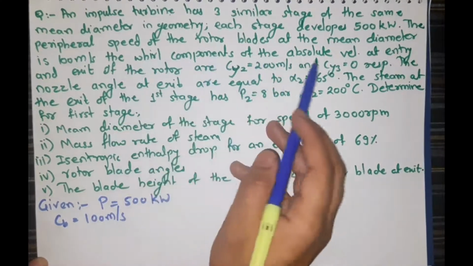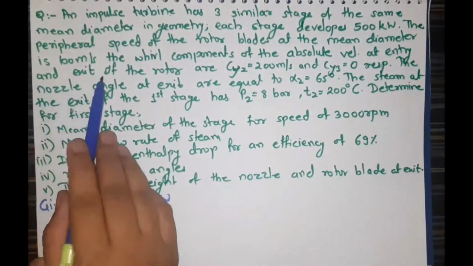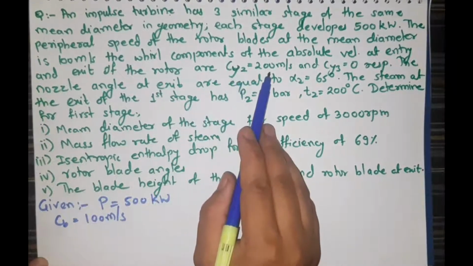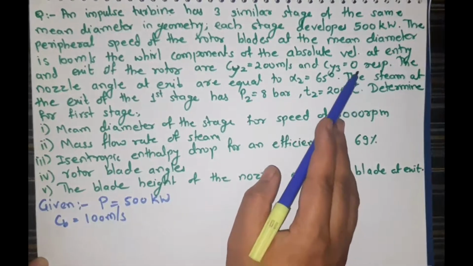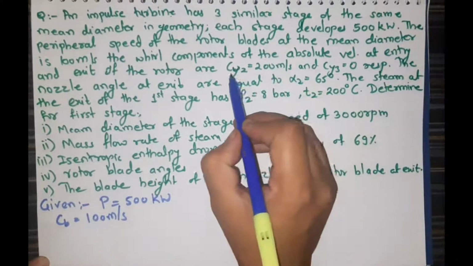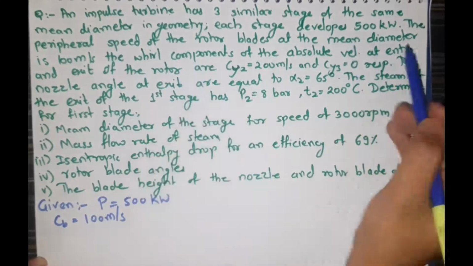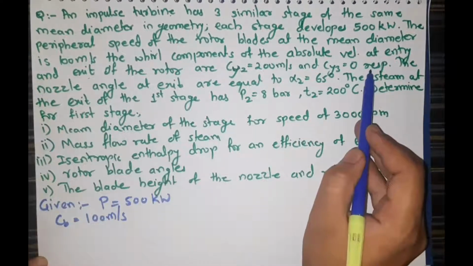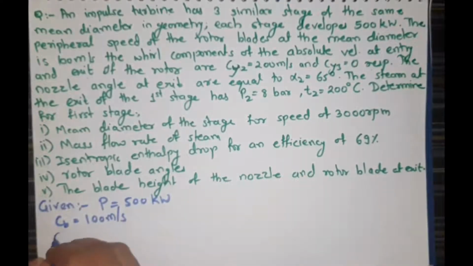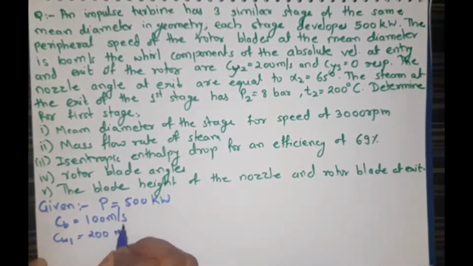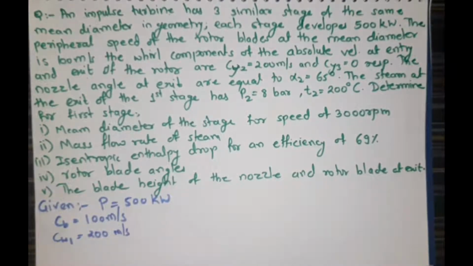The whirl components of the absolute velocity at entry and exit of the rotor are Cw2 200 meter per second and Cw3 0 respectively. Don't get confused by the subscript. Here it is directly mentioned that it is the whirl component at entry and exit respectively. So this will be Cw1, that is 200 meter per second, and this one is Cw2, that is 0.